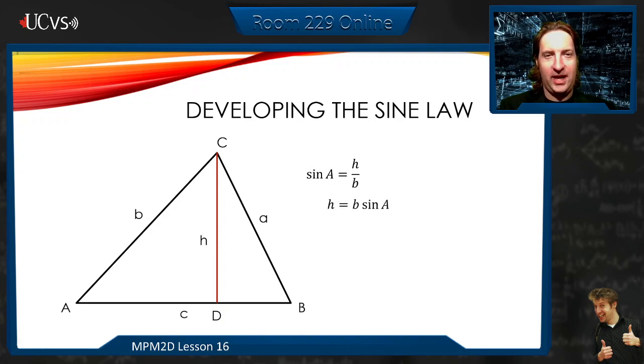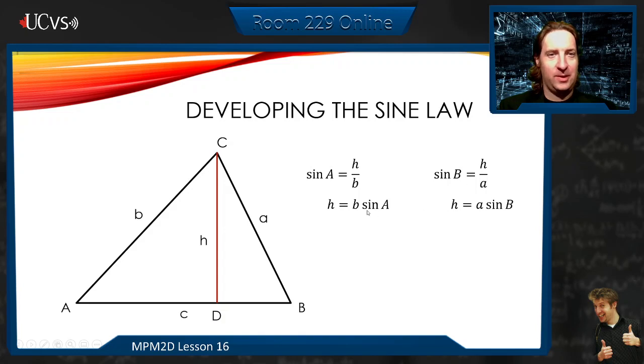Solving for H, I end up with B times sine A. The reason I'm solving for H is because I can do this again with the other triangle here. This is angle B, capital B. The sine of that angle will be opposite over hypotenuse, or H over A.